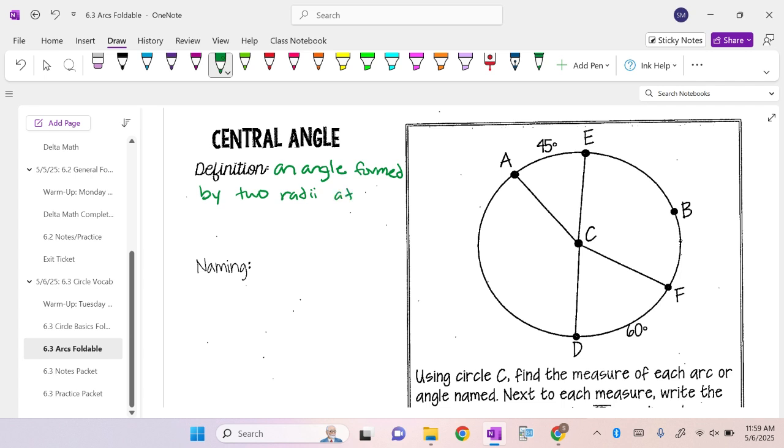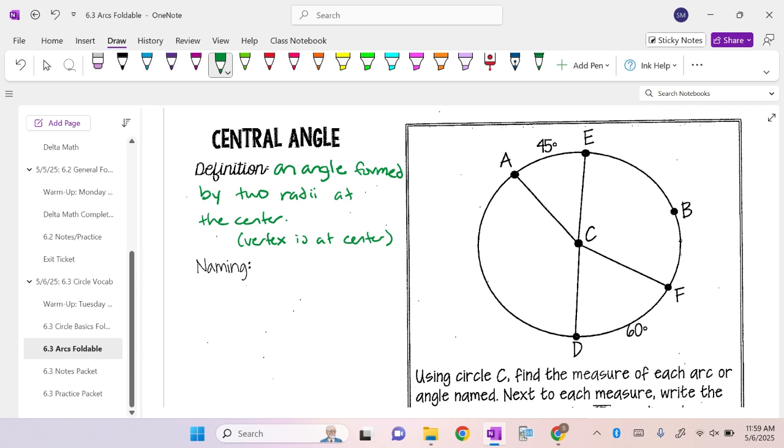At the center. So, in other words, the vertex of that angle or the tip of the angle is at the center. So, its vertex is the center point of the circle. That's what a central angle is. It is an angle where the center point of the circle is its vertex.